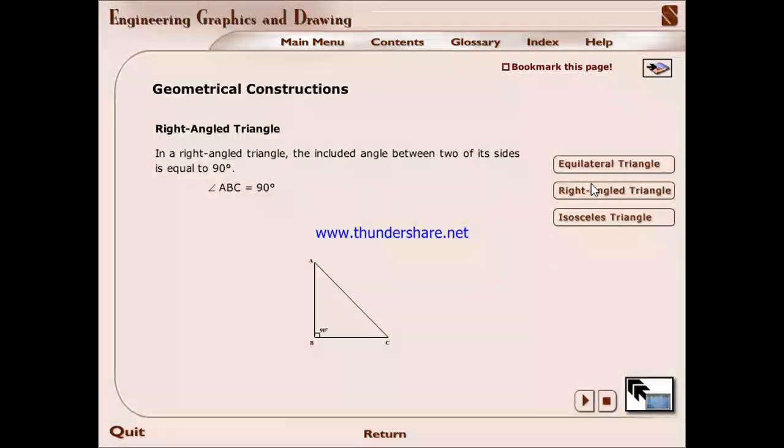Now right angle triangle. In right angle triangle, the included angle between two of its sides is equal to 90 degrees. Therefore, angle ABC is equal to 90.